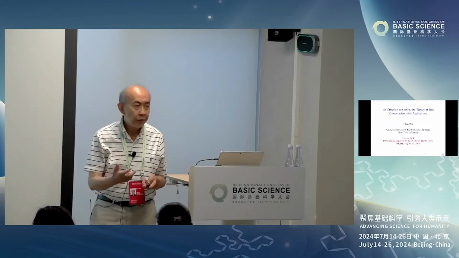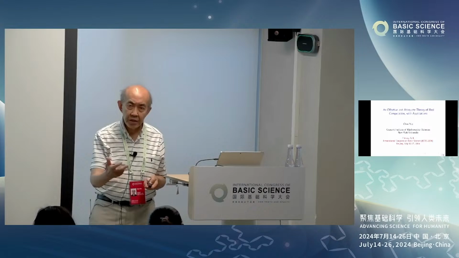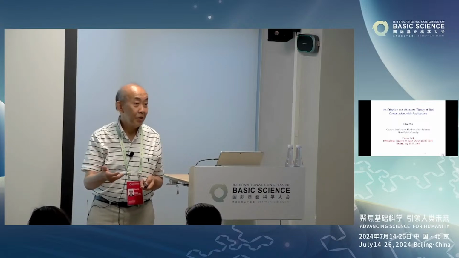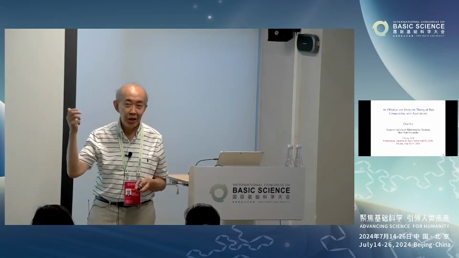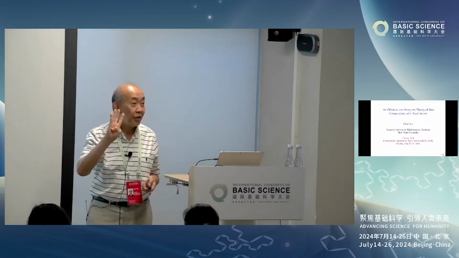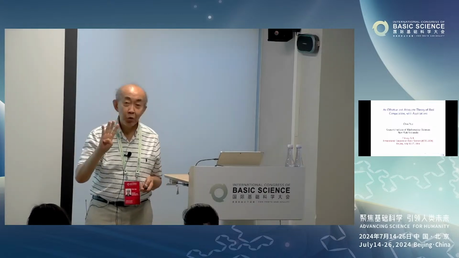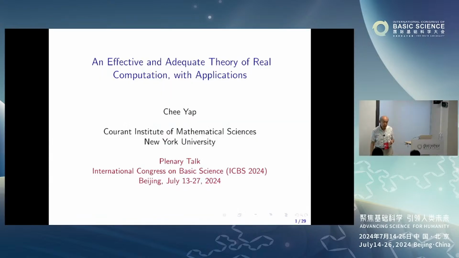You can very often prove that certain algorithms work, but you may not be able to. I will do an example today about finding roots of a polynomial. But we don't know how to equate this with the theory of real computation. Okay, so let me begin.